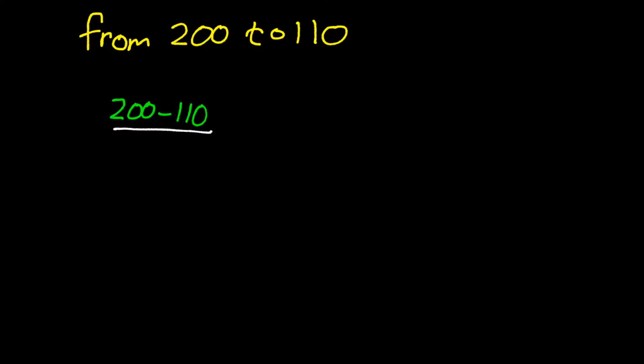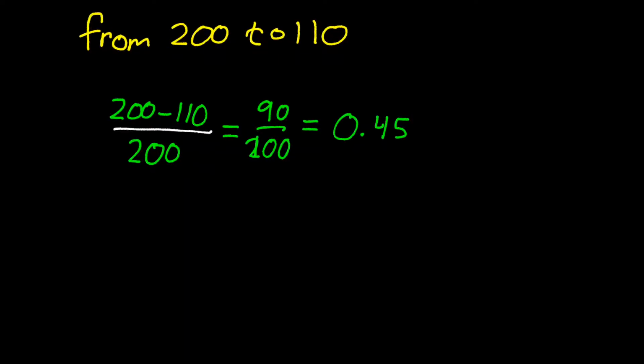Our denominator is the original amount, and since we're starting at 200 and going down to 110, our original amount must be 200. So when we subtract, we have 90 over 200, which, if we turn this into a decimal, becomes 0.45.